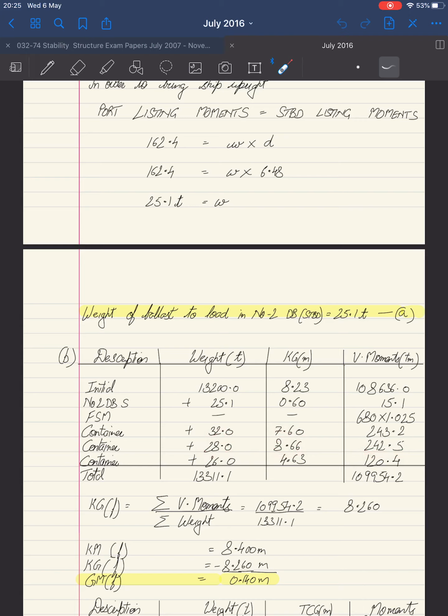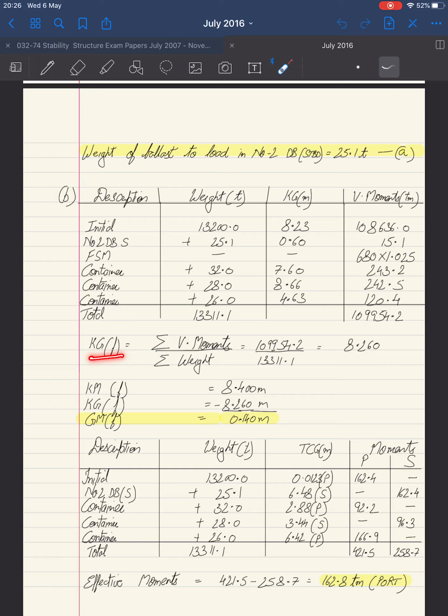The third container weighing 26 tons was loaded at KG 4.63 meters, and its associated vertical moments is 120.4, obtained by multiplying these two values. We will add up all these values to get the total weight, which we'll get as 13311.1 tons, and we'll add up all these vertical moments to get the total vertical moments, which is 109954.2.